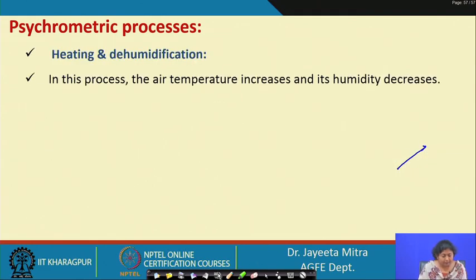Heating and dehumidification. In this process the air temperature increases and its humidity decreases.